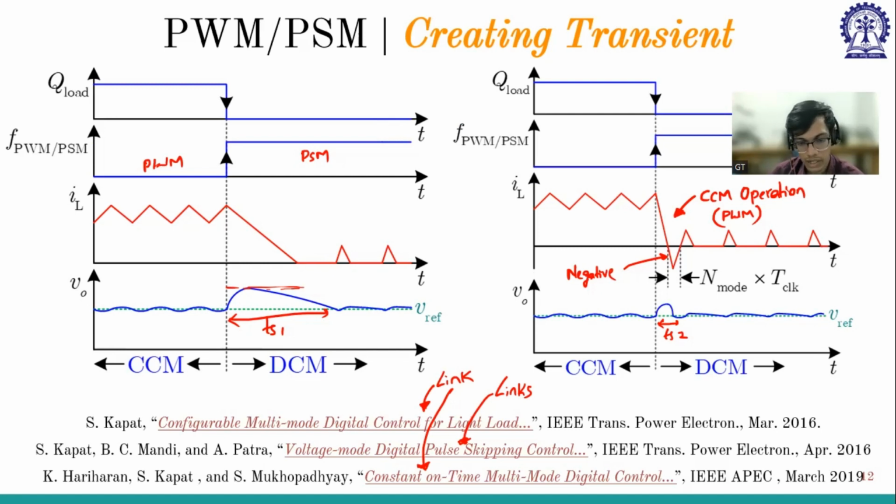Provided that the capacitor is decided, if I go with the left hand side, which is method 1, and now if I go with the right hand side, which is method 2, and do the same thing and see the transient response as well as the voltage overshoot, there will be significant improvement when I operate in the CCM operation before going into the DCM operation, in terms of the settling time as well as voltage overshoot.